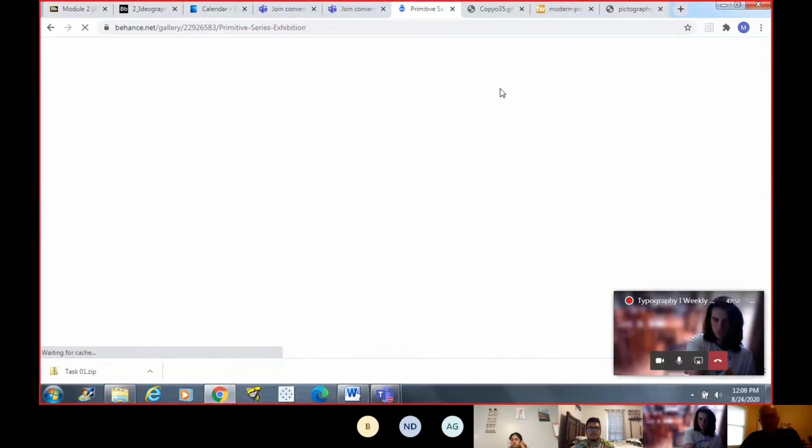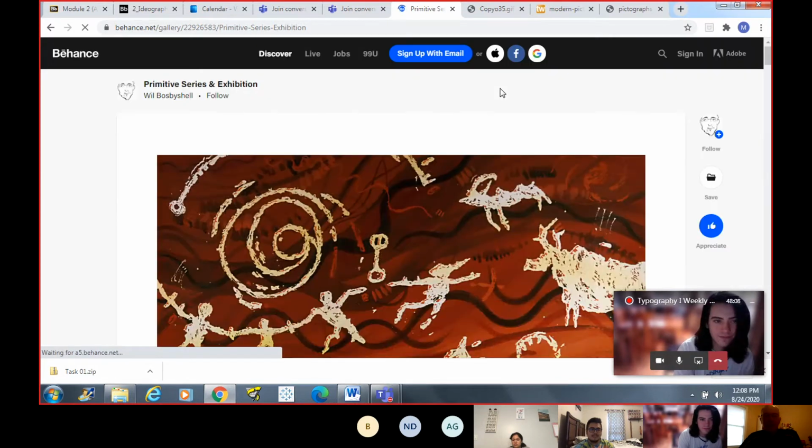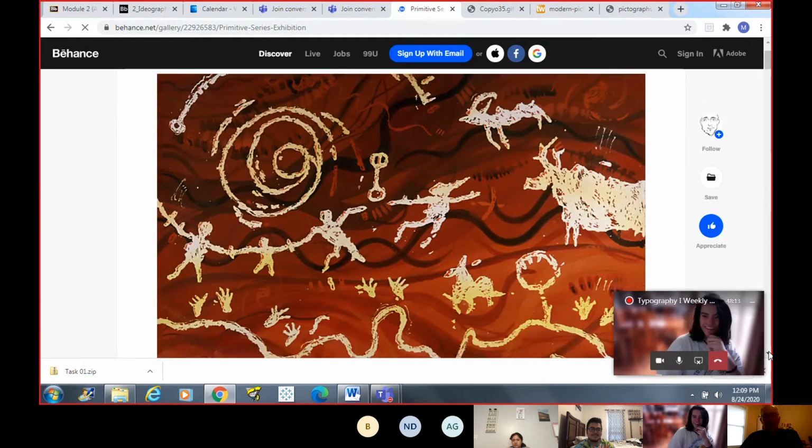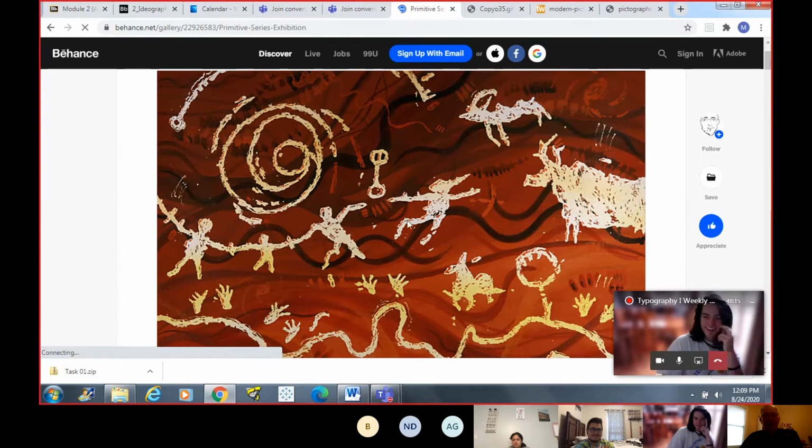I became so thrilled with or interested in pictograms because I went on a trip to the Grand Canyon and there was a type of pictogram called a petroglyph. Are you guys seeing my screen? Everyone can see the cave drawing here?